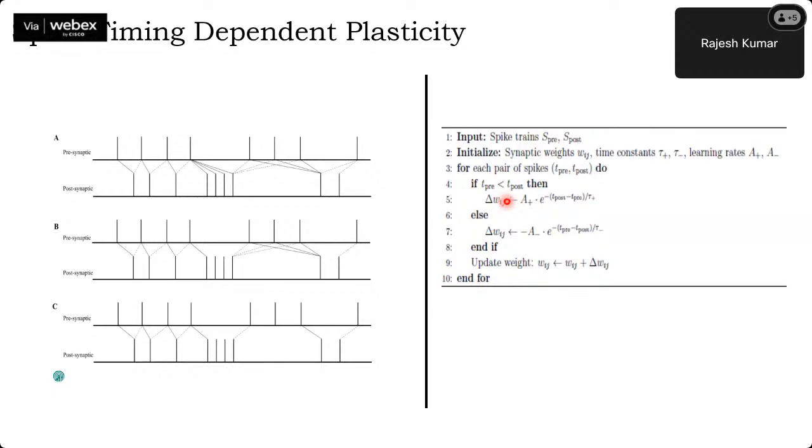So it's not gradient based. It is more about what is happening pre-synaptic and post-synaptic, so the change in the occurrence of the spikes between pre and post. This is nearer to the biological process. So this is another way to update your weights.